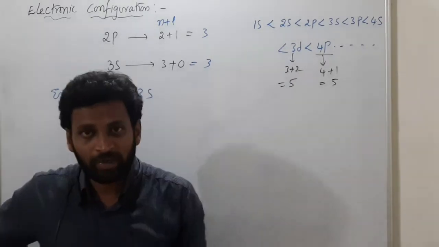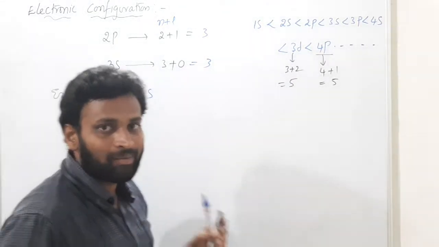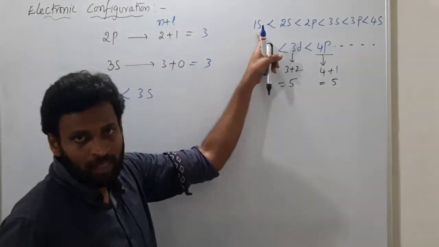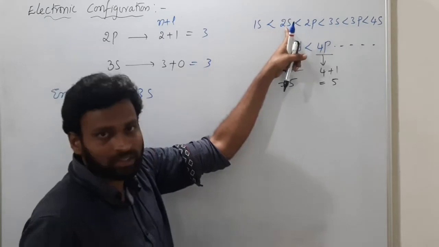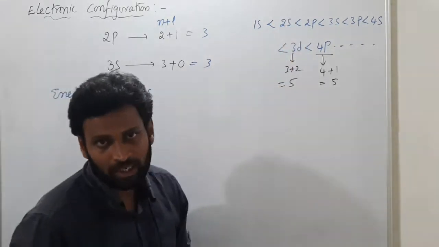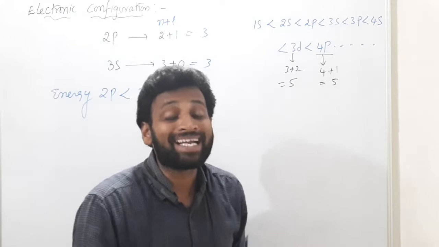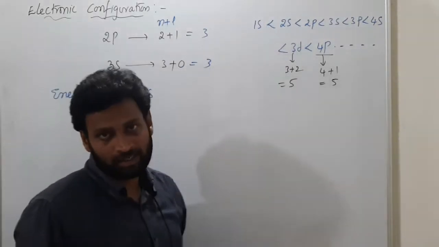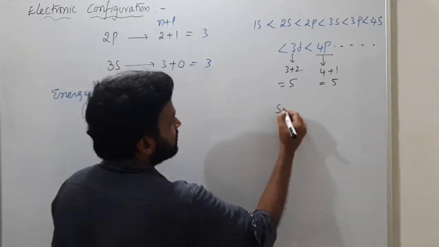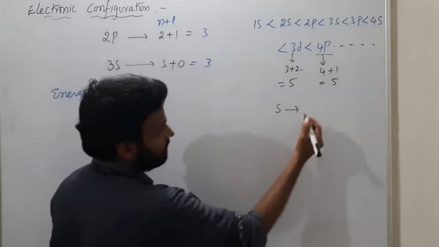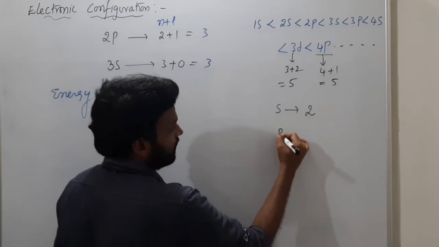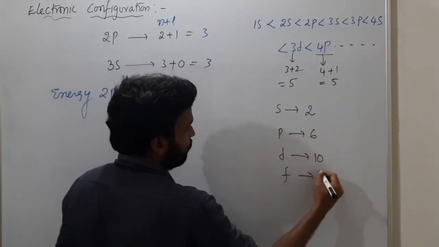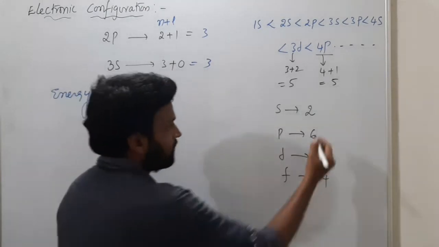So the Aufbau principle says that by completing electrons in the less energetic subshell, then we have to fill electrons in the next energetic subshell, by filling up the maximum electrons in their respective subshells. So what is the maximum number of electrons I was given? S has 2 electrons, p has 6 electrons, d has 10 and f has 14. 4 is the difference.